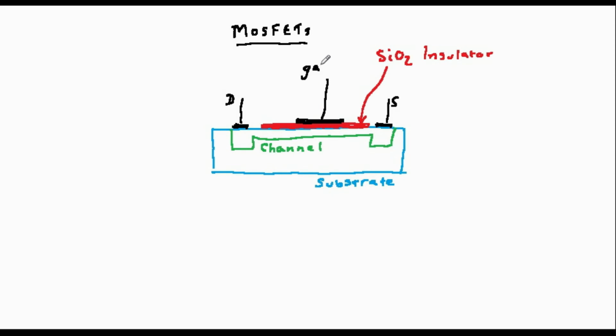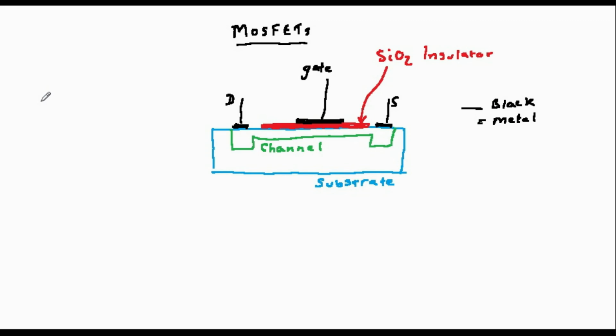When a voltage is placed on the gate of a device, it generates an electric field which attracts or repels charge carriers, i.e. electrons or holes, from or to the channel, and it hence controls the channel conduction, as explained in the previous videos.